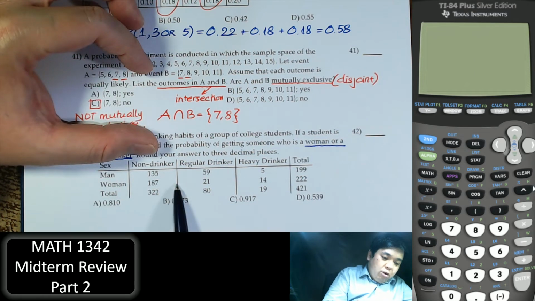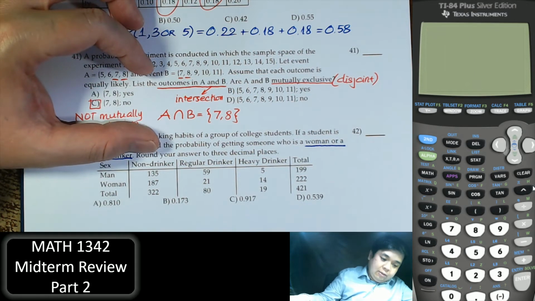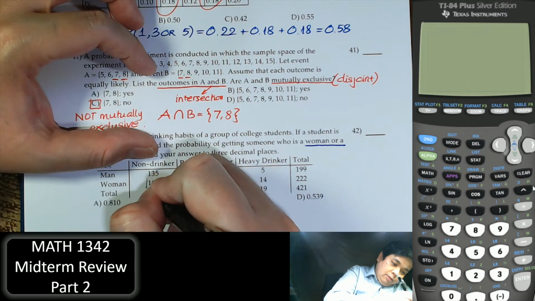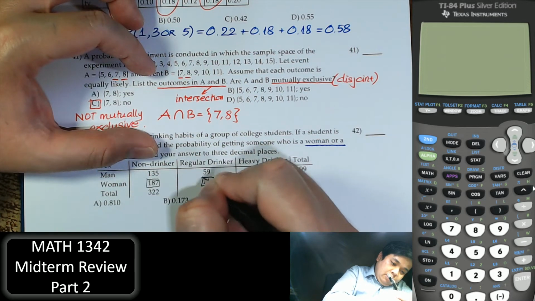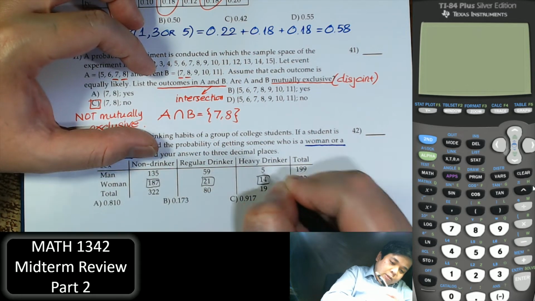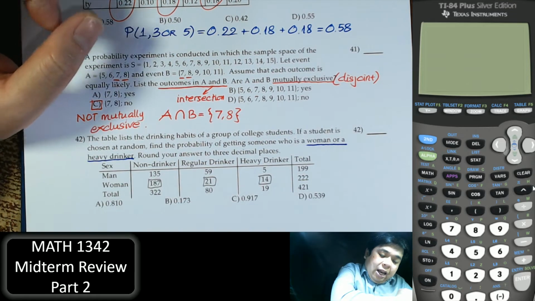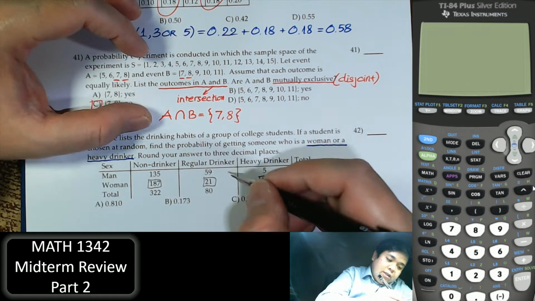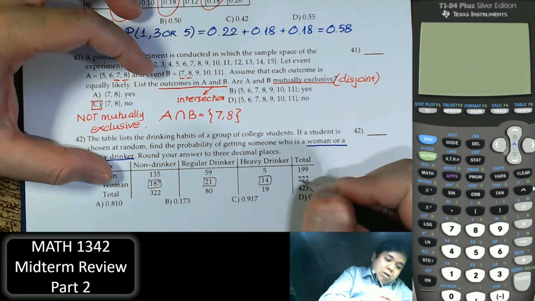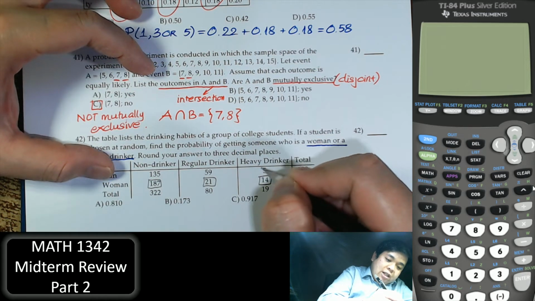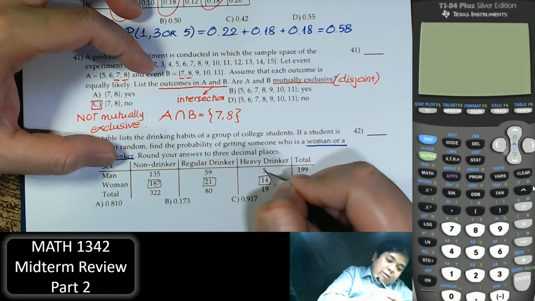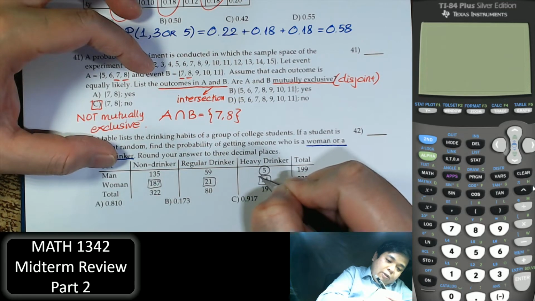It's going to be on this row. And the heavy drinkers. That is the total, so it doesn't count. And the heavy drinker, we have 5 and 14.